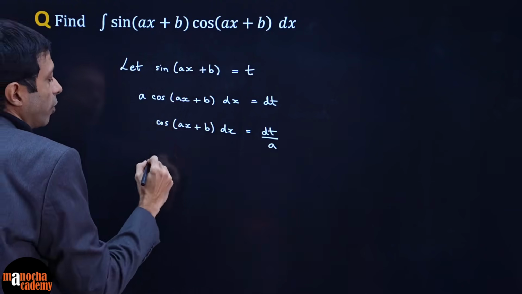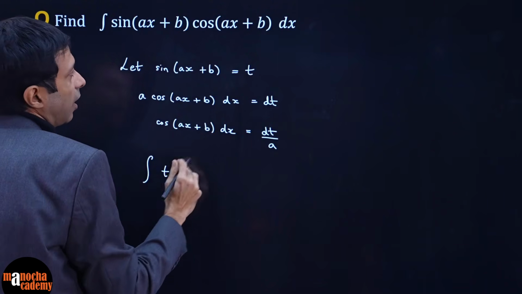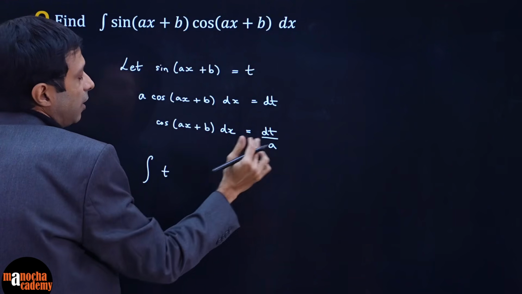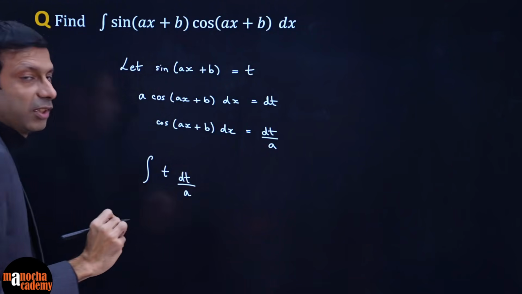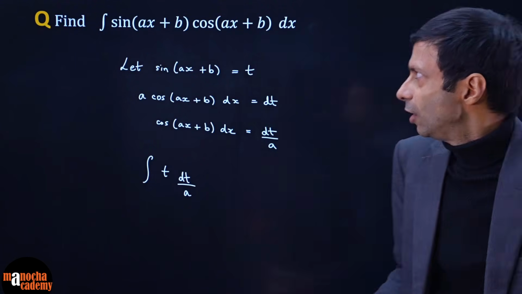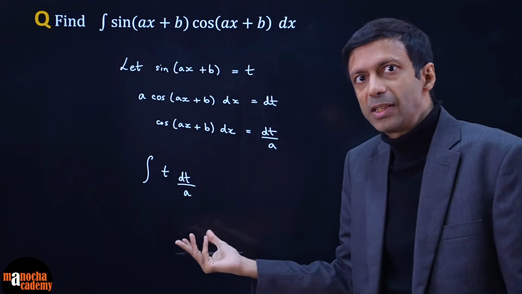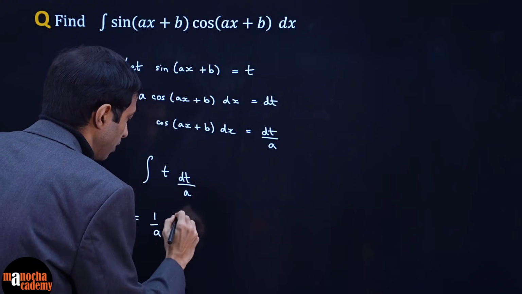That's it. So now my question simply resolves to this whole sine ax plus b is t, and this part is dt by a. How simplified the question becomes in substitution. It's like magic. Substitution is like magic. This whole complicated question became just that, where a is a constant, pull out the constant. Wow, this is fun.